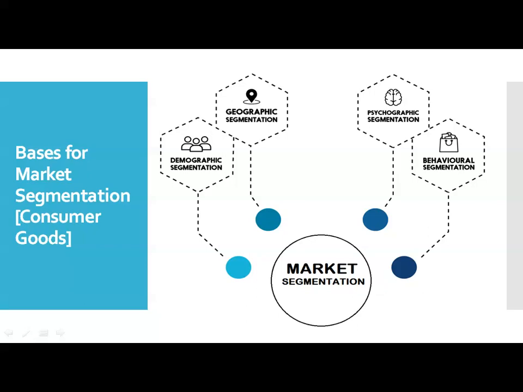Heterogeneity means difference between the segments. So there should be internal homogeneity and external heterogeneity. In other words, they are searching for a process that minimizes the difference between the members of a segment and maximizes the differences between each segment.